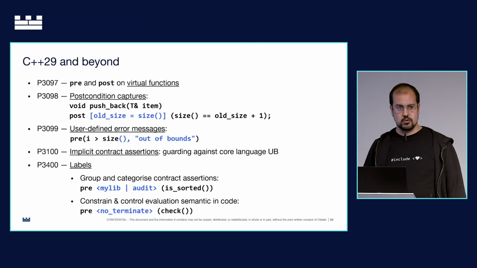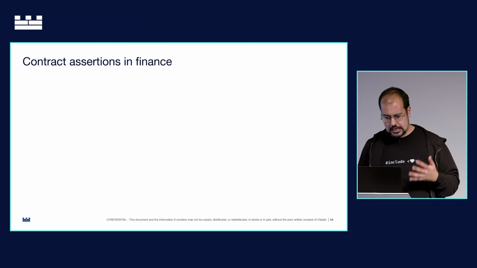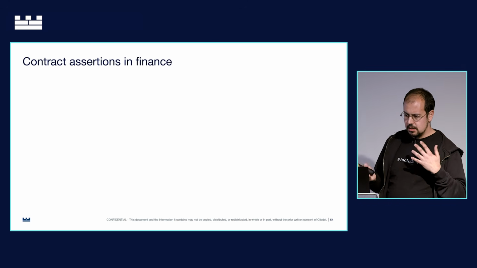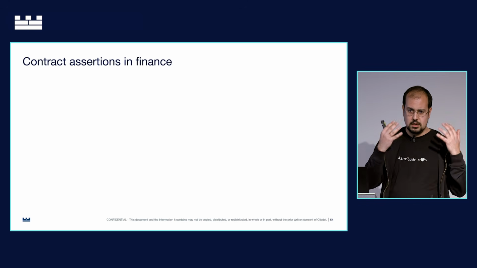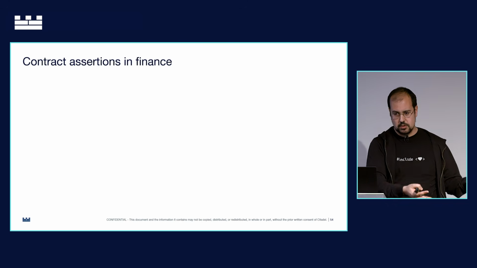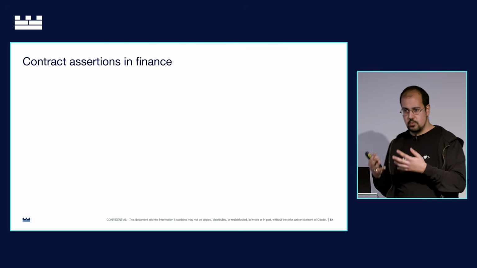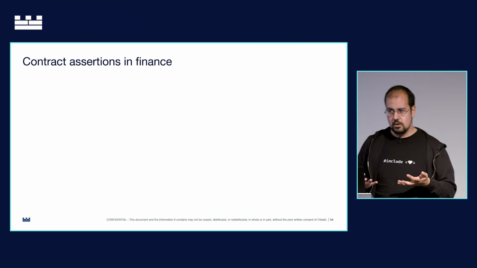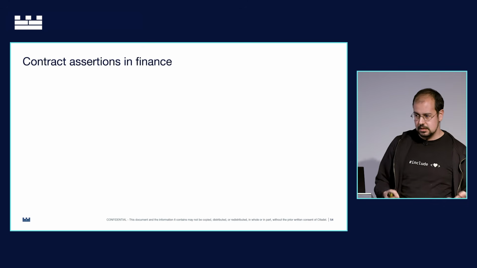What I'm going to do in the remaining minute that I have is to talk about why that is particularly interesting in finance. So in finance, we are at this intersection of, on the one hand, performance and low latency, which we really care about, which is what a lot of people are talking about, but then also correctness, right? That is really important, that you can reason about the correctness of your code, because if you have incorrect code running in production, that can very significantly negatively affect the market.